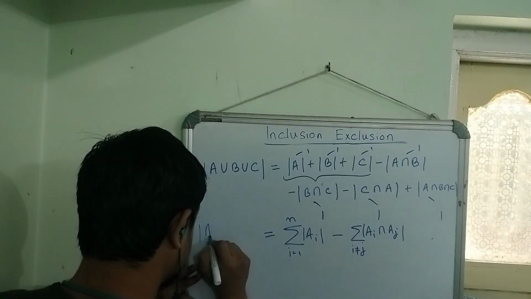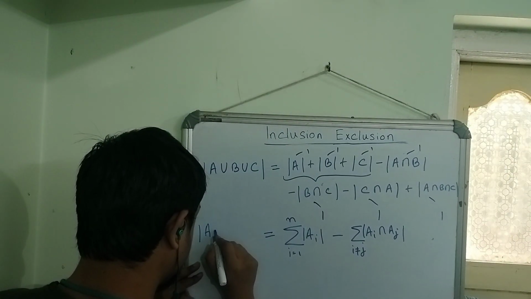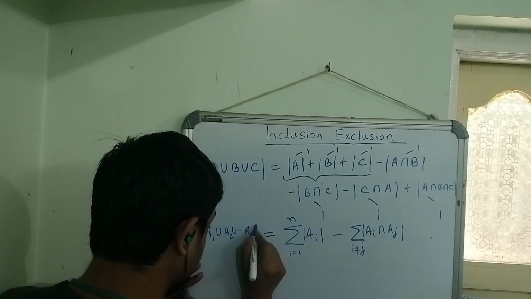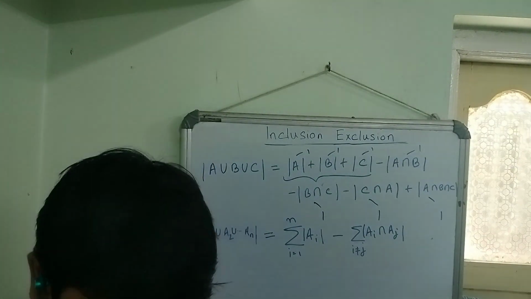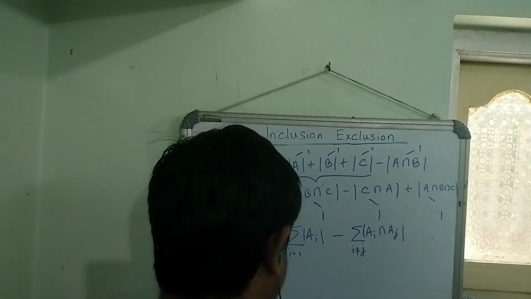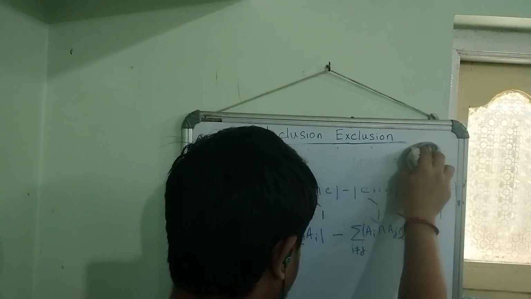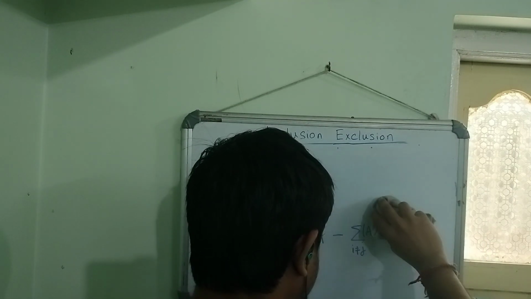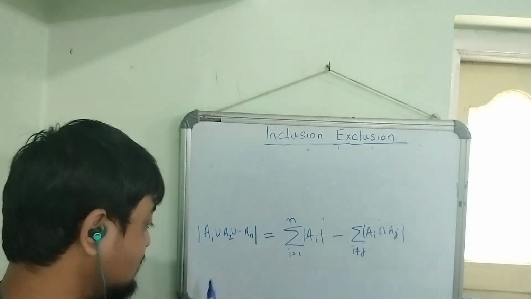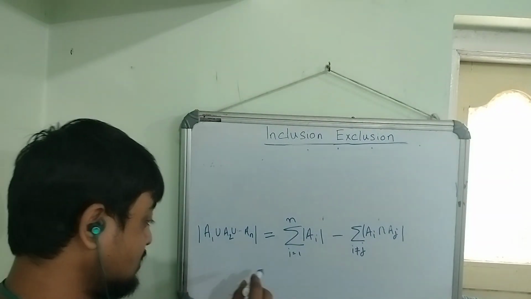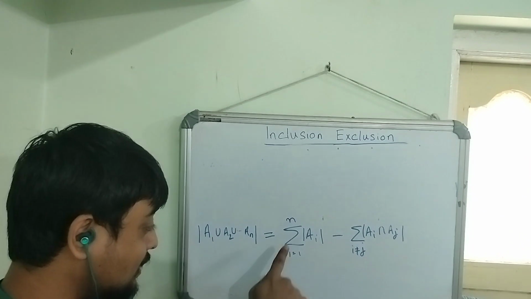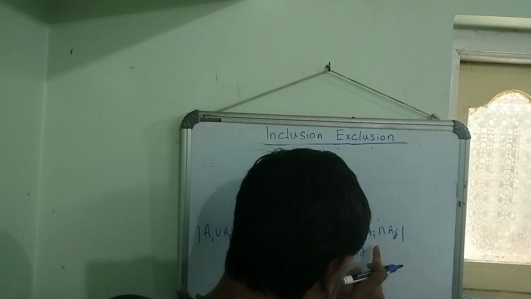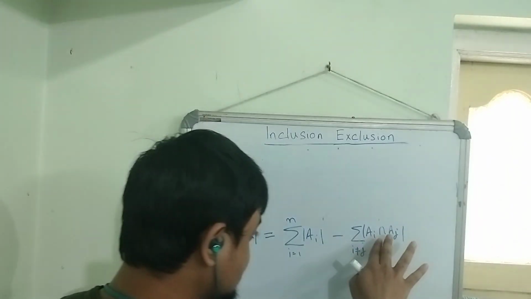This is just A1 union A2 union up to An. Okay, this is the most general case for the inclusion exclusion: if there are n sets, the number of elements in the union of all those n sets is found by taking one at a time individually and adding their cardinalities, then deducting, taking two at a time and intersecting them.